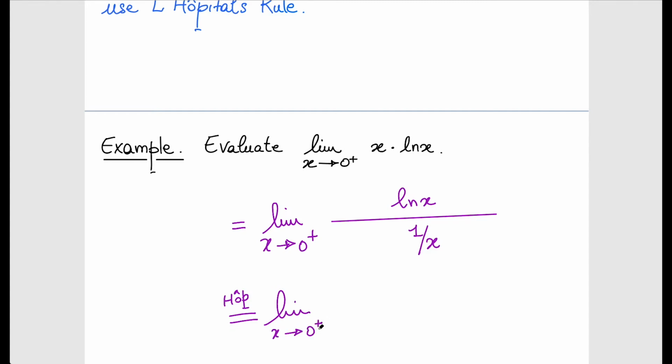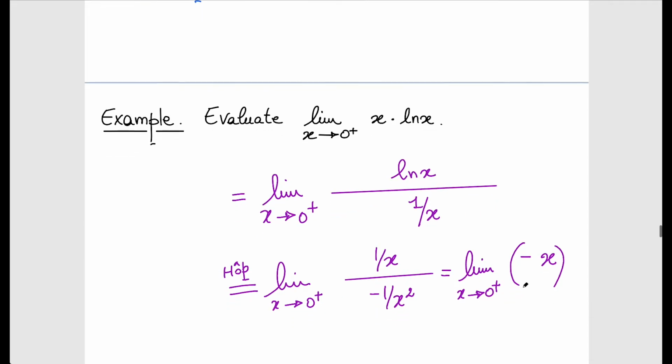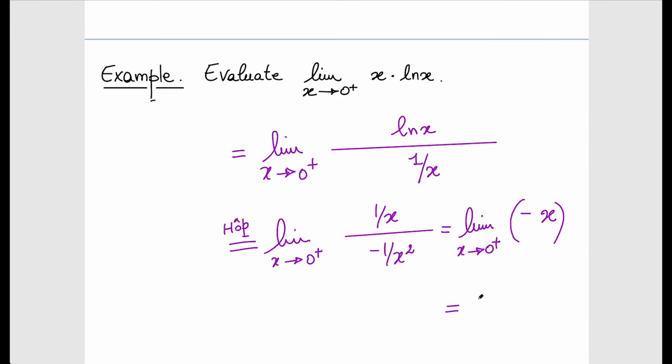What do we get? Derivative upstairs, 1 over x. Derivative downstairs, negative 1 over x squared, right? Okay, and if you do the algebraic simplifications here, we get negative x, right? Negative x. And this is clearly going to 0. Okay?